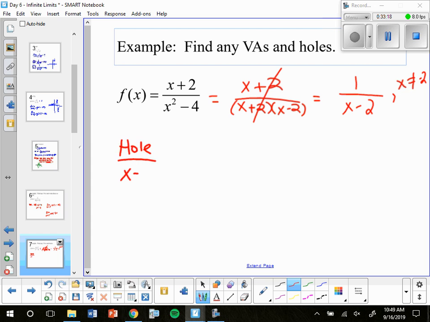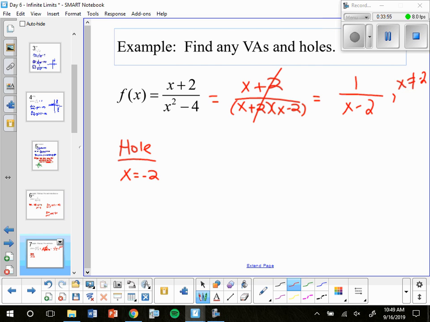We removed the discontinuity at negative 2. We have a removable discontinuity at negative 2, because that's what makes it 0 over 0. But it can be 0 on the bottom. That's an asymptote. We're going to get to that. Does that make sense? So we need to look at our limits as we go to 2 and negative 2. Here, negative 2 was making it 0 over 0, but we factored that out, so that's our hole.